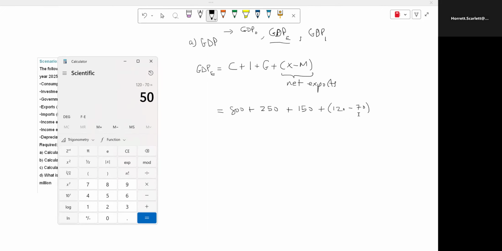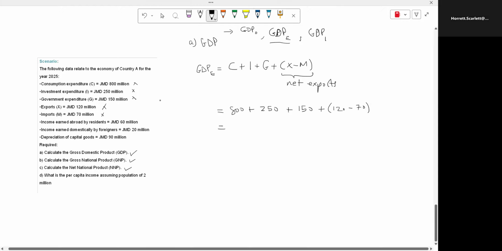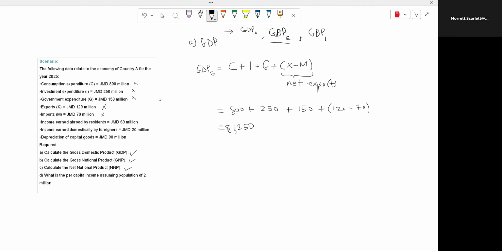That gives us 50. So we add that 50 to the 1200. And that gives us 1250. Now remember, this is 1250 million, which is the same thing as saying 1.25 billion.